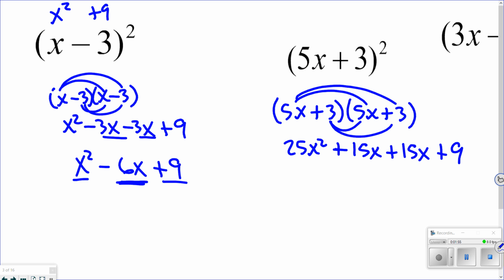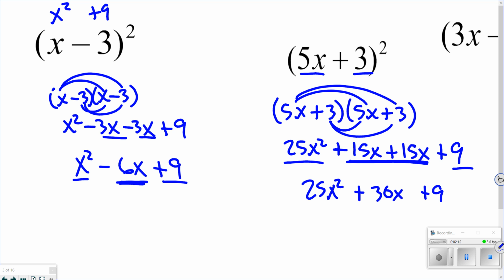Again, notice we end up with 25x squared, 5x squared. We also end up with 3 squared, a positive 9. But the key thing here is there's going to be a middle term. When I add those together, 15 plus 15 is 30x. So there's a shortcut way of multiplying these out, and I'll show you how to do that.